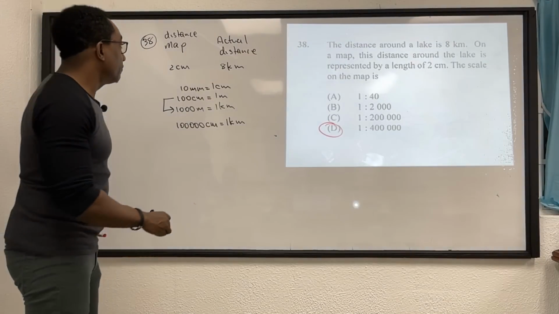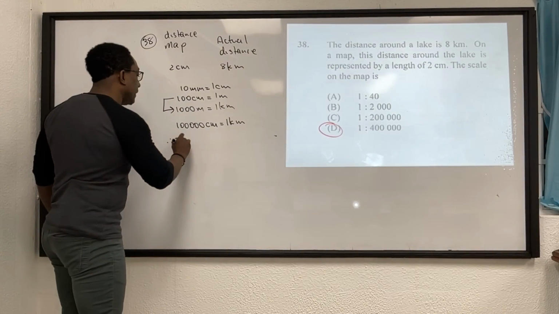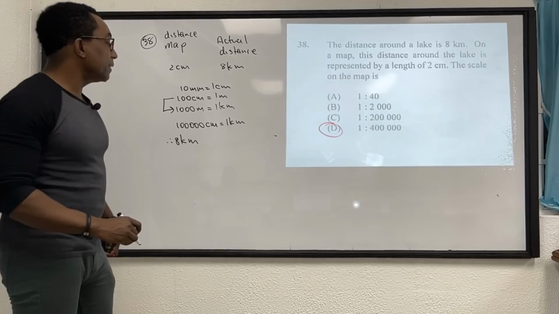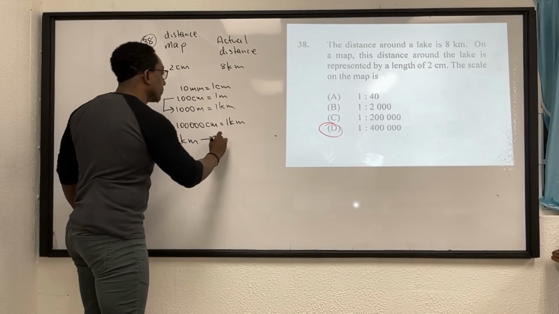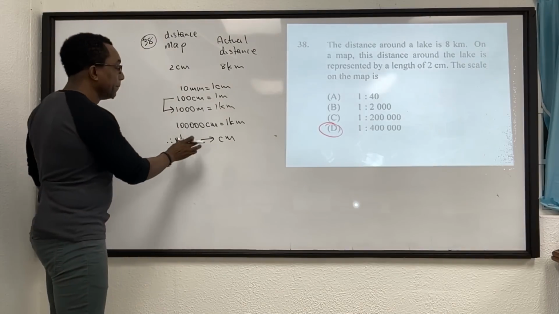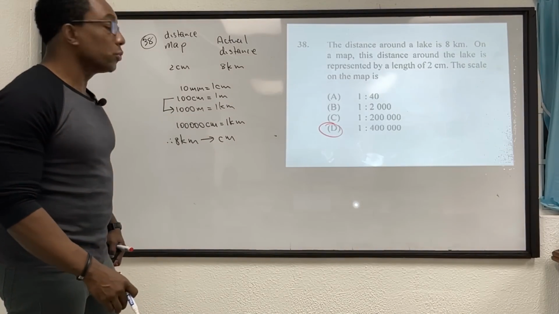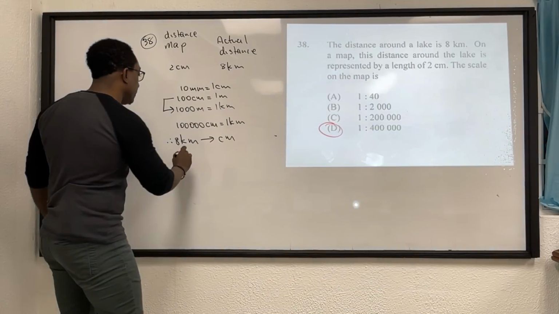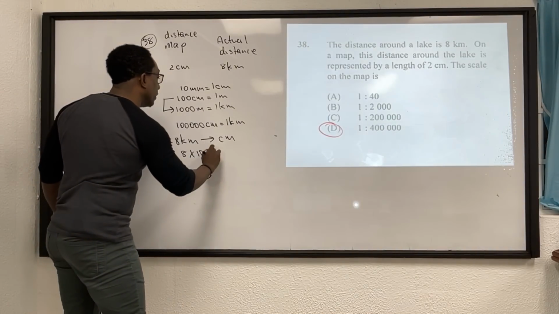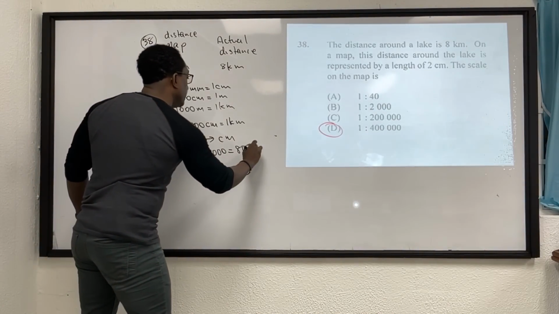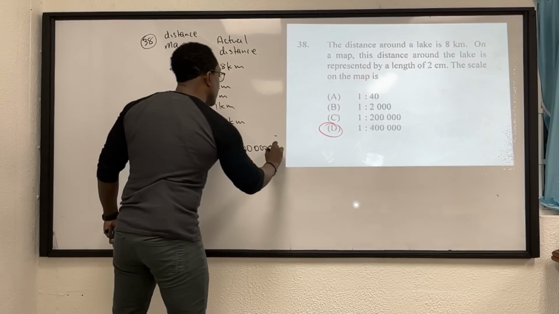And therefore, 8 kilometers, if I have to convert that to centimeters, I'm moving from a bigger to a smaller unit. When you're moving from bigger to smaller, what do you do? You multiply. So I'm going to multiply 8 by 100,000 to give me 800,000 centimeters.